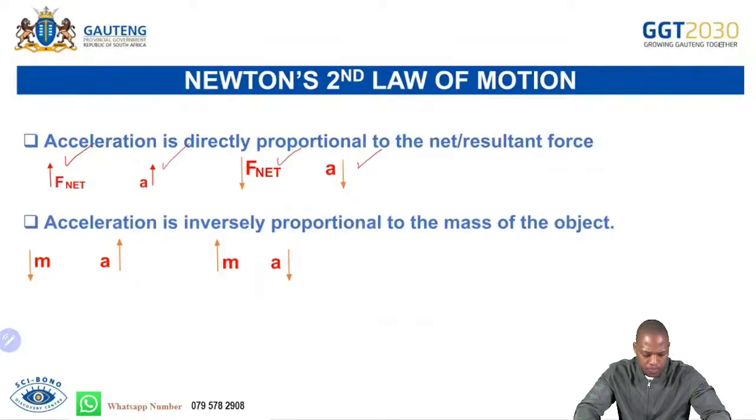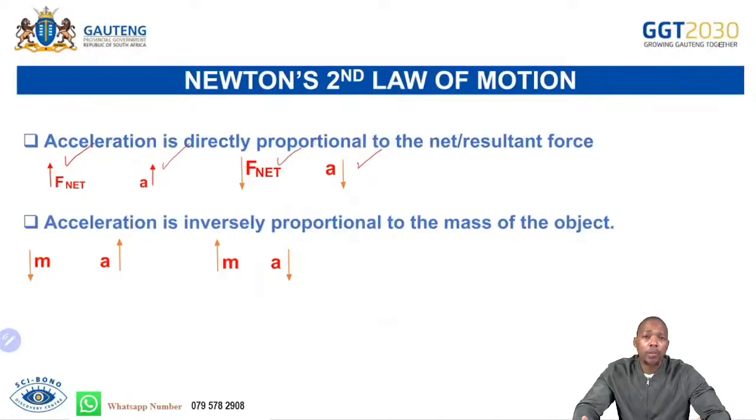Again, there is a relationship between acceleration and the mass, right? If I am kicking a ball that is very, very small, the chances are it will move a greater distance. Let's say I kick a ball that is about 1 kilogram. A ball that is 1 kilogram can travel a greater distance compared to a ball that is 5 kilograms, right?